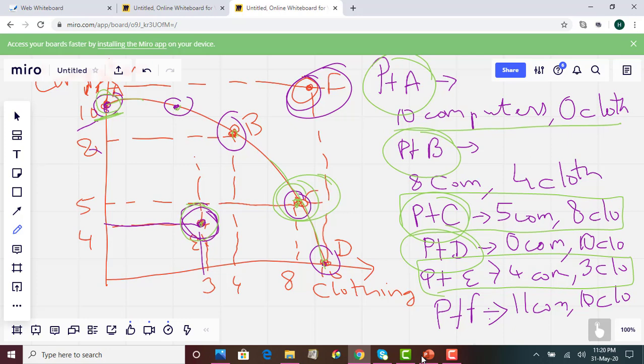Remember, productive efficiency means the cost is minimized and output has been maximized. So anytime we are operating on the line, we are productively efficient.